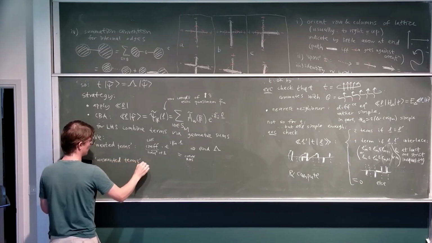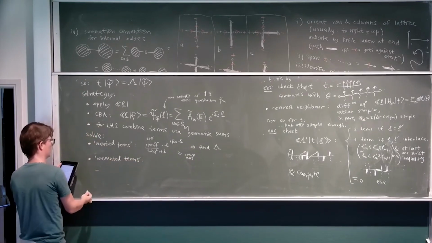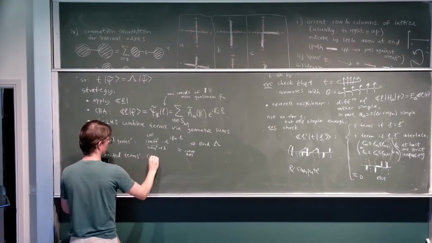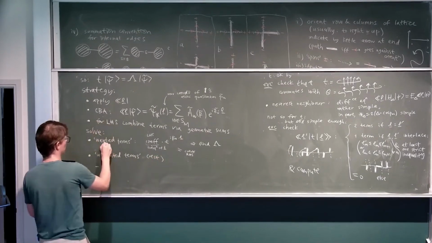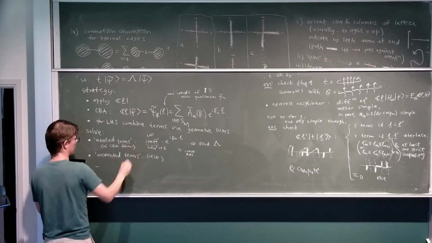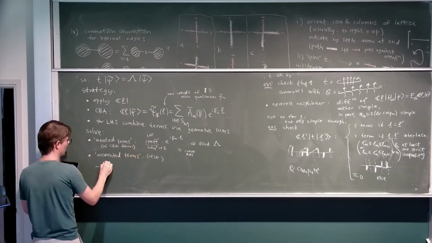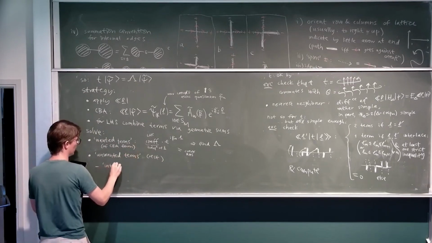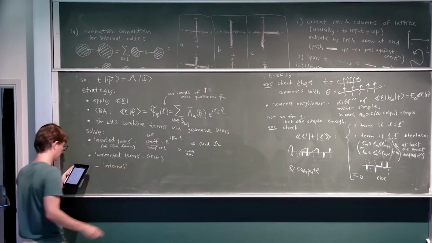They're called unwanted terms, and there are two types of them. So this is the rest. This was of coordinate Bethe ansatz form, let's say. So the rest, well, what can we have? There are those that are sometimes called internal unwanted terms.